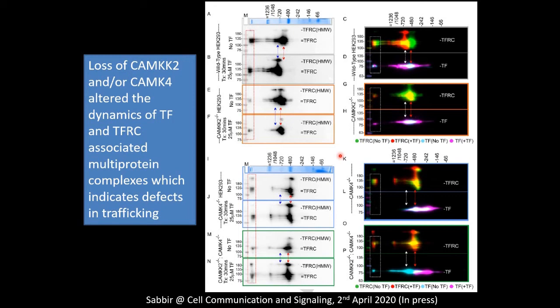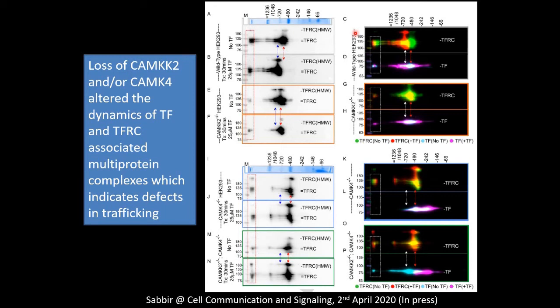On the right panel, there are some pseudo-colored immunoblots, and these immunoblots were generated by superimposing transferrin receptor associated complexes and transferrin associated complexes to show the relative shift of both proteins during trafficking.